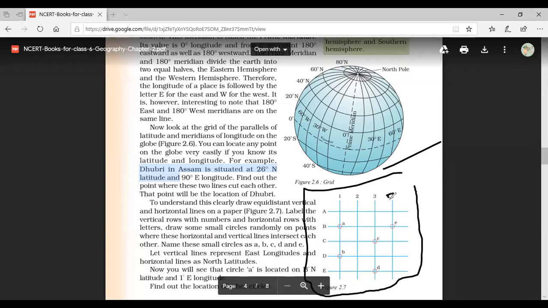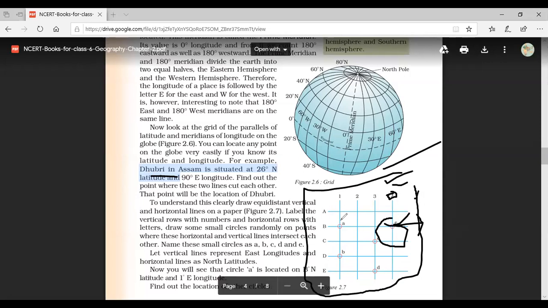Let's consider this as Assam, which has Dhubri. If this is its longitude and this is its latitude, wherever they both intersect each other, that would be the basic location for Dhubri.